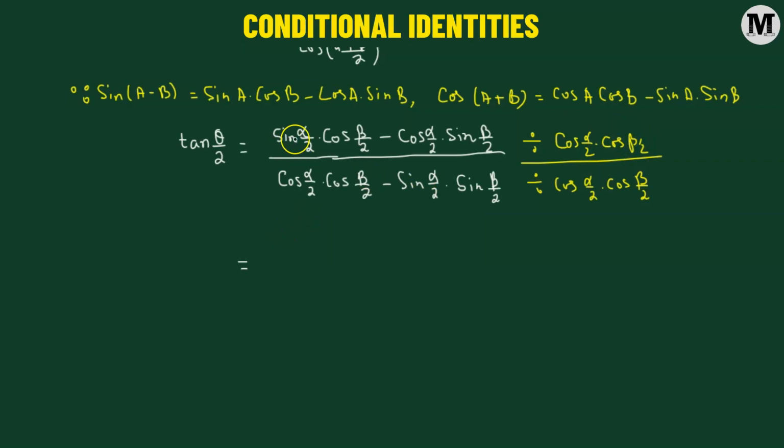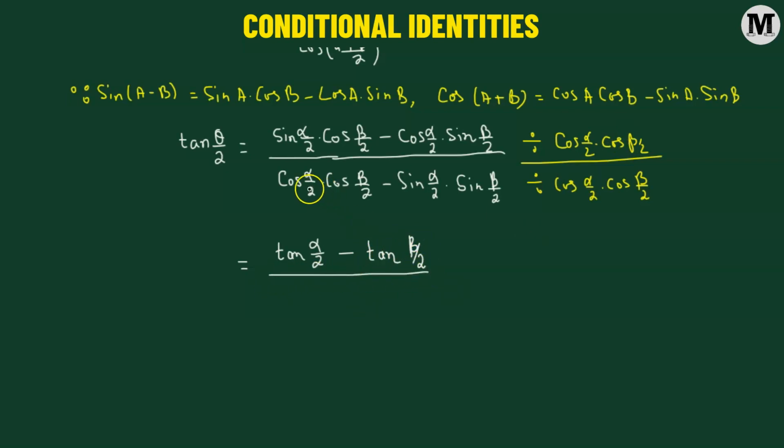We are left with sine alpha over 2 over cosine alpha over 2, which gives us tangent of alpha over 2. Then in the next term, cosine alpha over 2 will get factored out, so we'll be left with sine beta over 2 divided by cosine beta over 2, which gives us tangent of beta over 2.